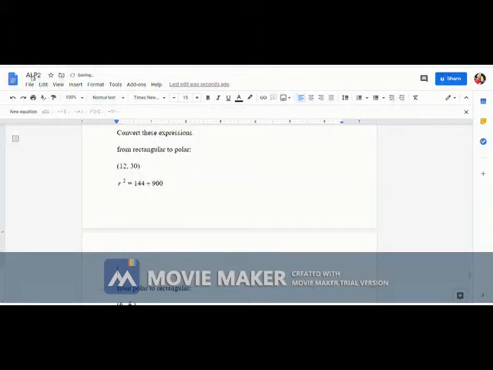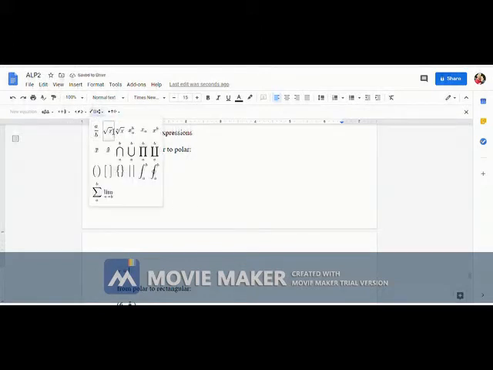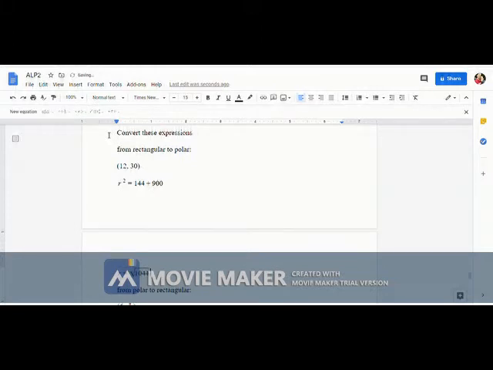Okay, and then we can take the square root of both sides to get r equals the square root of 1044, or we could put that into a calculator and get r equals 32.31.